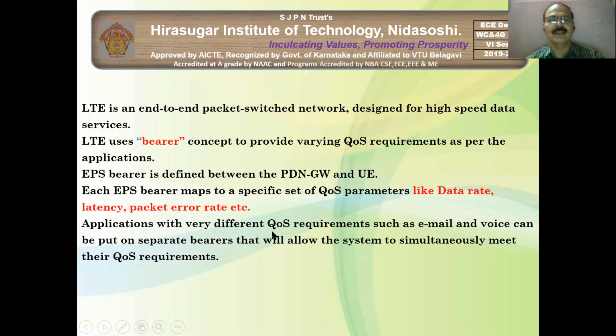Applications with very different quality of service requirements, such as email and voice, can be put on separate bearers, which allows a system to simultaneously meet the quality of service requirements. These are separated from these.